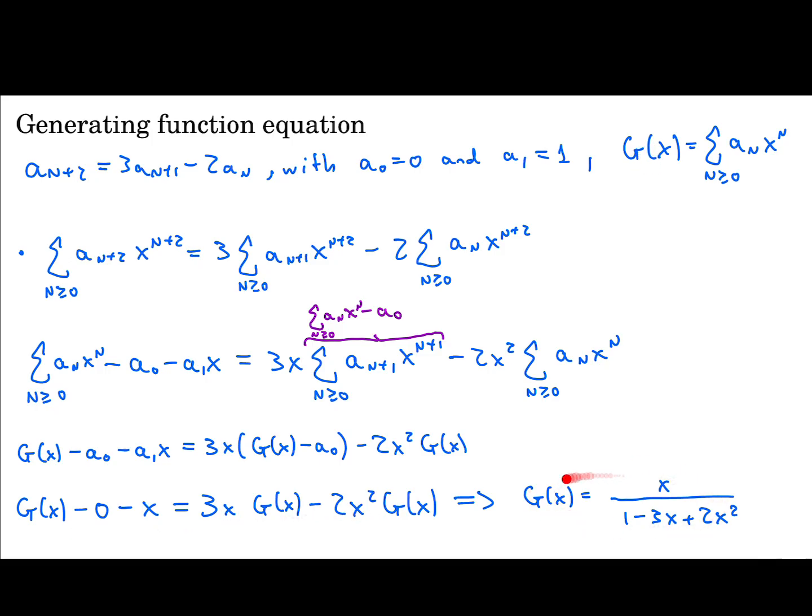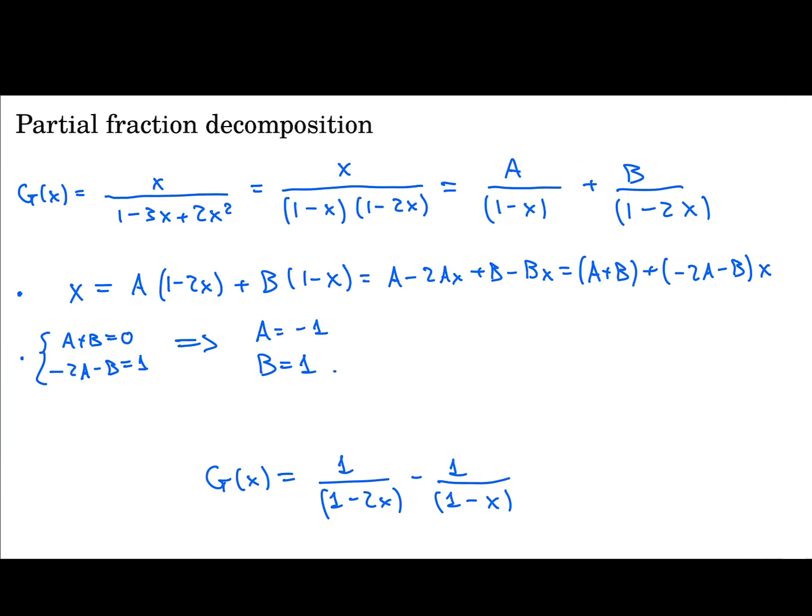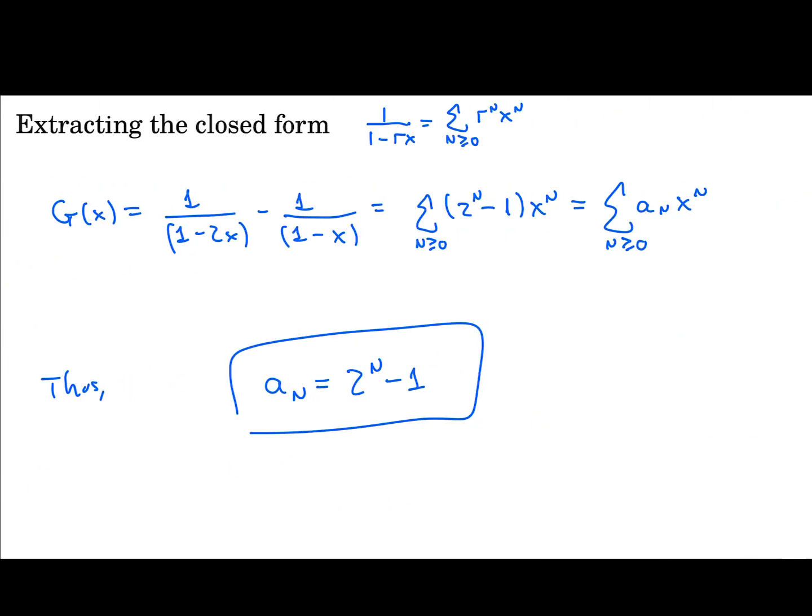For linear recursions, you're always going to get a rational expression, a polynomial divided by some polynomial. So you want to do partial fraction decomposition: factor the polynomial in the bottom and then decompose. When you do that, you're able to write your generating function as a combination of geometric series. Then you just replace by the geometric series and you get your closed form.